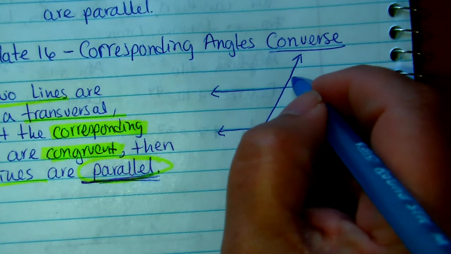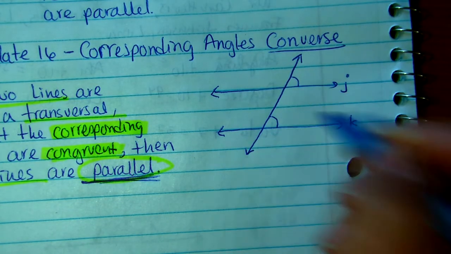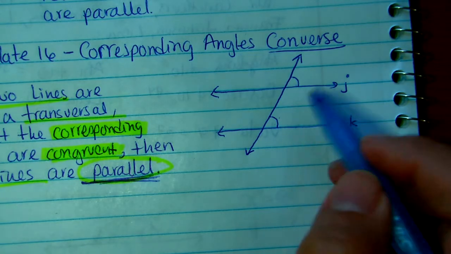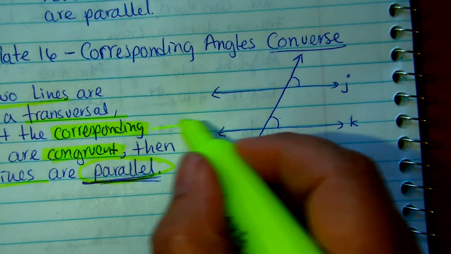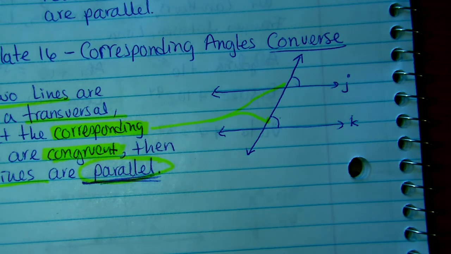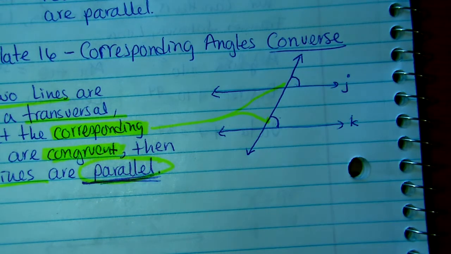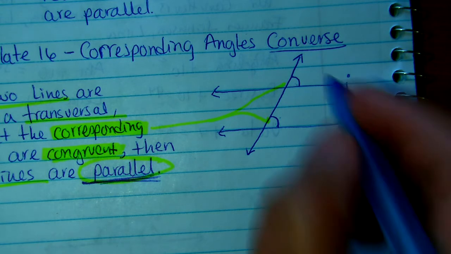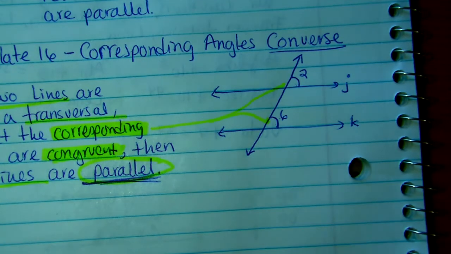And then we know that this angle and this angle are corresponding. Remember? Corresponding angles, this one and this one. And they happen to be congruent. One arc, one arc. It means that they measure the same. This is angle 2, this is angle 6.